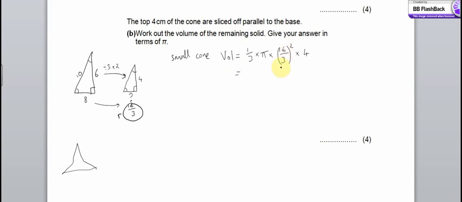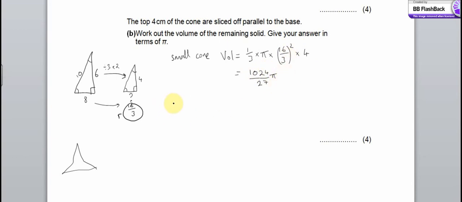And if you work that out, that comes to 1024 over 27 pi, and that's basic fraction multiplication. That's been worked out by squaring the 3, because it's in the squared, which gets you 9, and 9 times 3 is 27. And on the top it's 16 squared, which is 256. Multiply that by 4 and you get 1024.